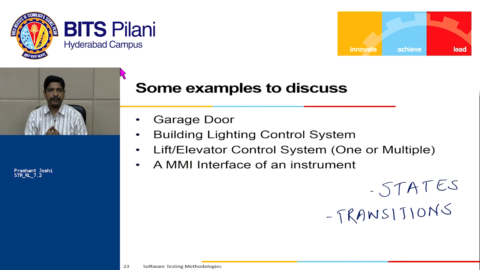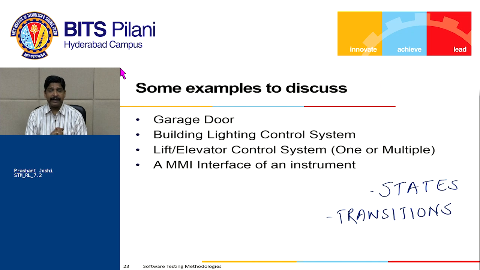The transceiver is typically kept in the car so that whenever the person arrives, they open the door, get the car in, and then close the door, all remotely without getting out of the car. Look at what the states are going to be: garage door open, garage door closed, or garage door opening or closing, partially open states.